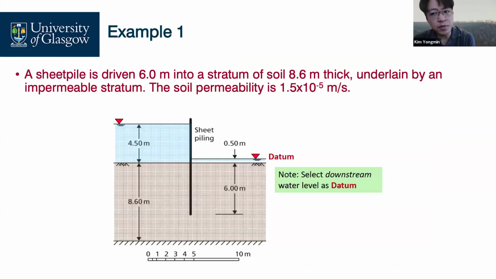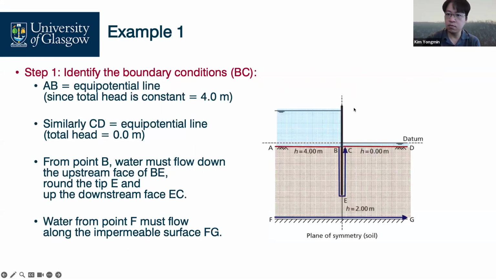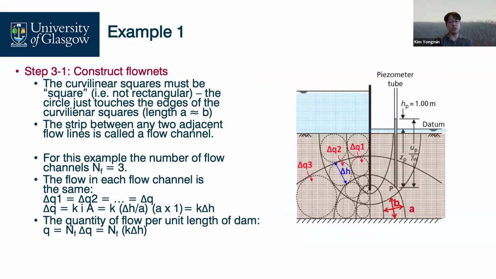This is the typical example. I'm not gonna go through the details, but simply explain how to address these problems. You can find out the boundary and the given conditions. Then definitely you can draw this simple version of a Flownet, and then you can count the number of flow channels and number of equipotential drops.